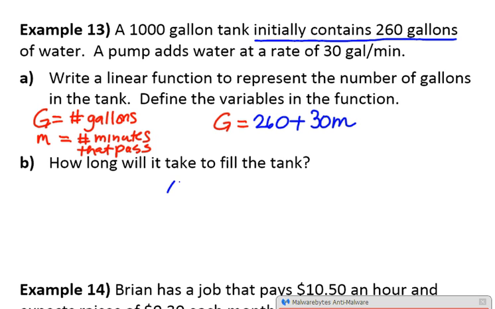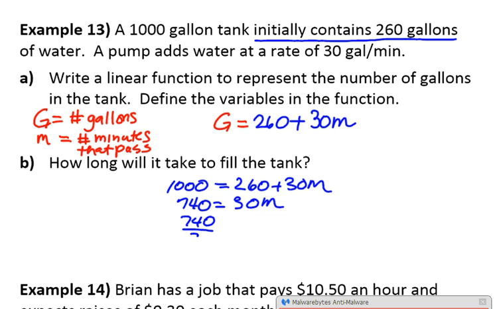So 1,000 gallons is a full tank, is equal to 260 plus 30M. Subtract 260, so that gives me 740 is equal to 30M. So take your 740, divide it by 30, and let's see what that gives you.